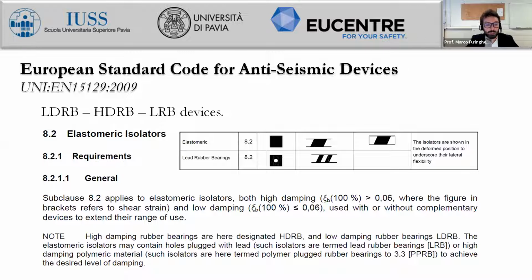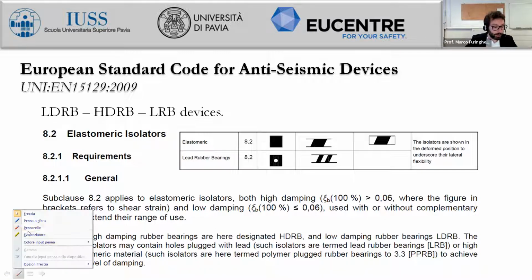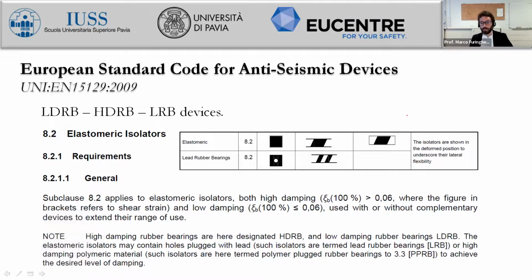Actually, the standard code defines the high damping rubber bearings if we have a damping ratio higher than 6%, generally at 100% of lateral shear strain, which is what we mentioned yesterday. I just put it here to remind.